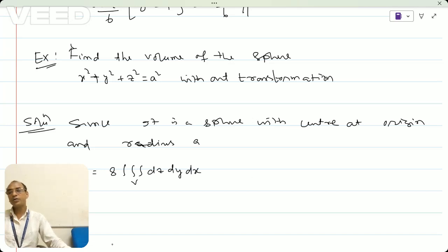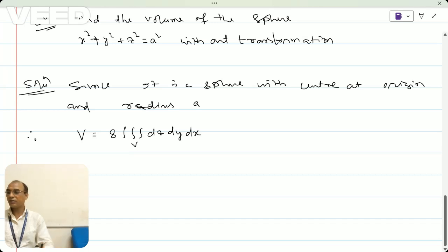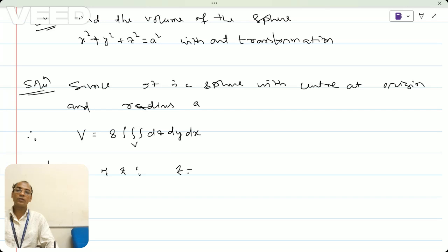Now my problem is to find the limit of z, y and x. So how can we find the limit of z? Let me find limits of z. Since it is the first octant, the initial limit will be 0, so z equal to 0 to.